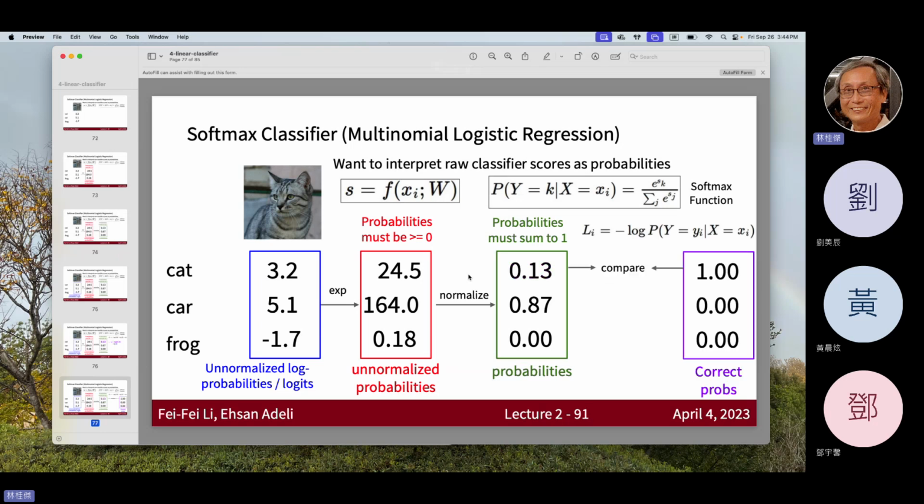And so you will be able to take this probability, and our correct answer, we want it to be 1 for the cat and 0 for the car and the frog. Then we can compare them. Then it's very easy for us to say what is the distance between your correct answer and your current answer.